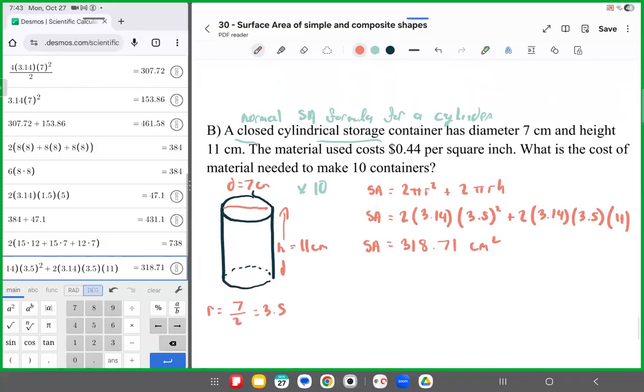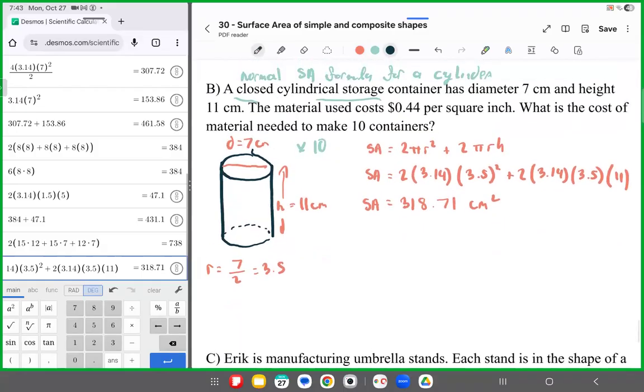So the conversion formula, since we're going to need that, because at this point we can do two things. We can either convert the surface area now, then multiply it by the money, or we can multiply it by 10, then worry about the money. My recommendation for this is let's just do the conversion now. And then, actually, no, let's multiply it. Let's get 10 containers now and then convert afterwards.